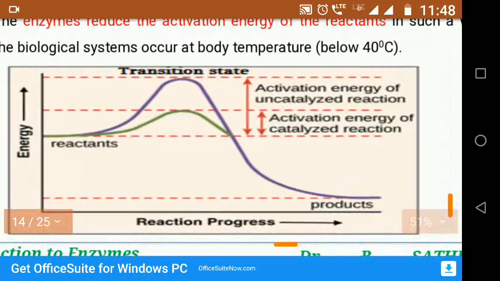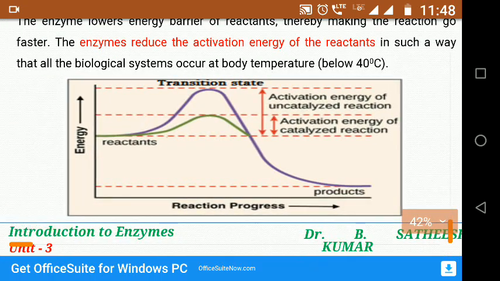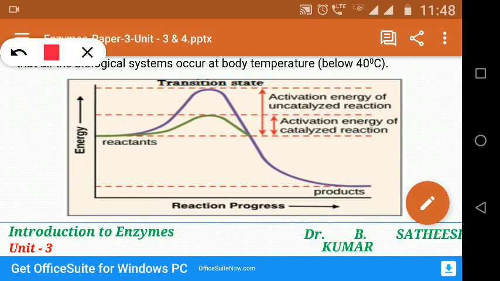Suppose you look at this graph. On the y-axis we have energy and on the x-axis the progress of the reaction. The energy of reactants is around here, and the energy of products is around here.